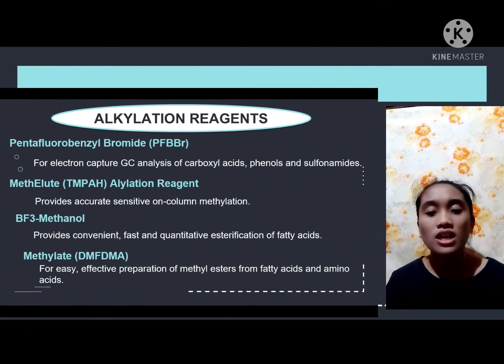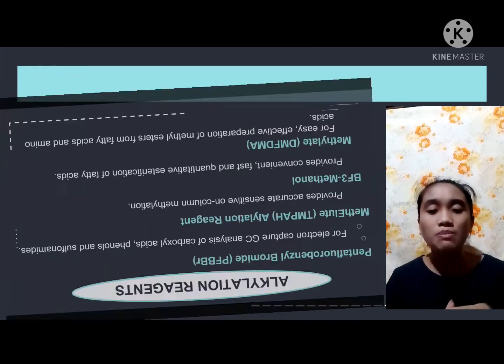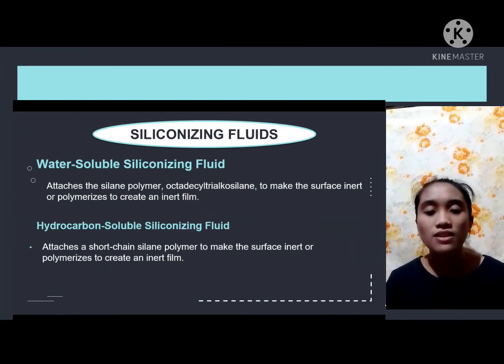Alkylation reagents. It is the substitution of an active hydrogen by an aliphatic or aromatic benzyl group or modifying compounds containing acidic hydrogens such as carboxylic acids and phenols. Last but not the least, siliconizing fluids. It coats various lab consumables with an inert water repellent film.